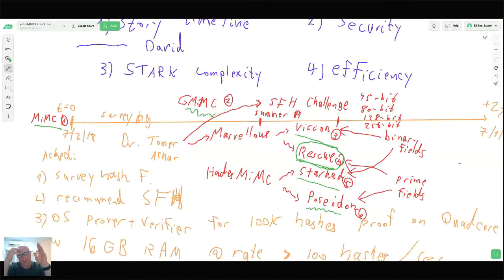All of these constructions, MiMC, GMiMC, the Marvelous family, the Hades family, have inside them something that looks like a random permutation, something that for every input has a unique output at the other side. And once you have a permutation with sufficient cryptographic pseudo-random properties, meaning that you can't easily guess for an output what its input was, or if you see half of the entries, you don't know how to fill in the others, there's a standard way to convert it into a hash function, which is called the sponge construction.